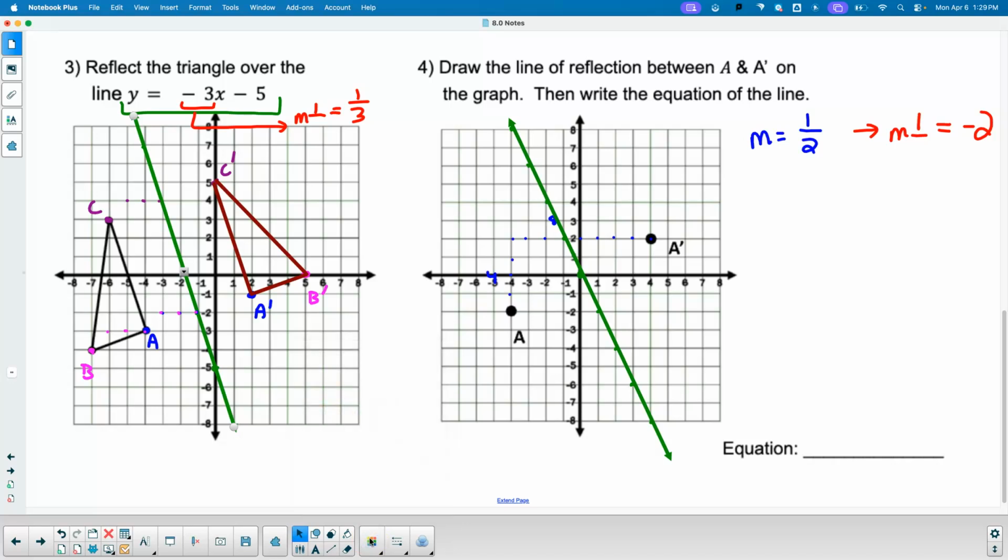What is the equation of that line? What's the slope of it first? -2 is the slope. What's its y-intercept? 0. So what's the equation? Y equals -2x. Good job.